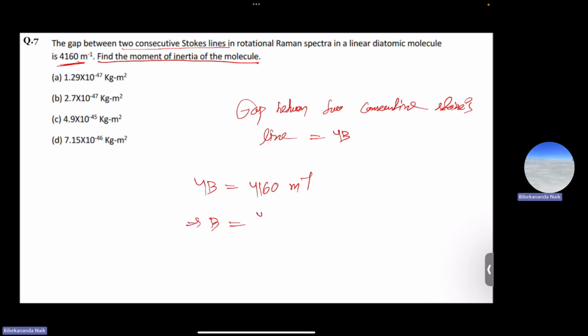That implies b is 4160 by 4 meter inverse, which is 1040 meter inverse.